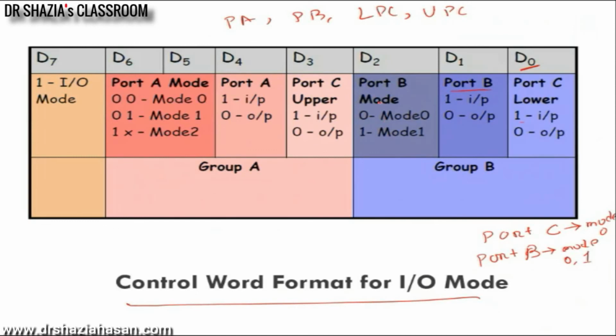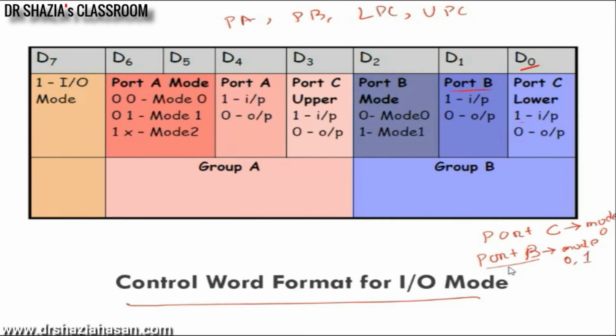But if the D2 bit is high, it is in handshaking mode. So port B can be operated as an input port or an output port, and it can transfer data in simple mode as well as in handshaking mode. So we have to configure it depending on the type of I/O device you are connecting.